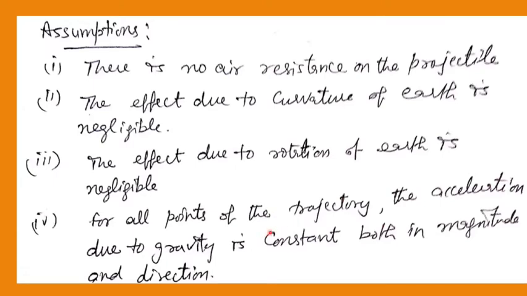And we are assuming that along the whole path, the trajectory followed by the projectile, the acceleration due to gravity is constant in both magnitude as well as direction. It means the direction is vertical, and the magnitude we are taking is 9.8 meter per second square. So these are the assumptions which we should keep in our mind for studying projectile motion.